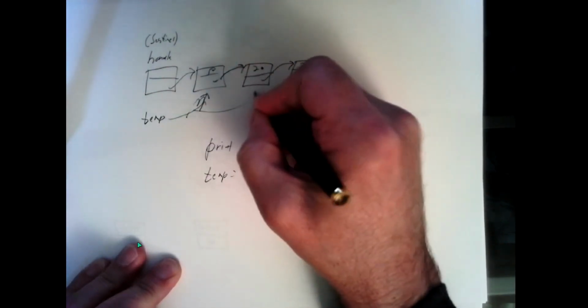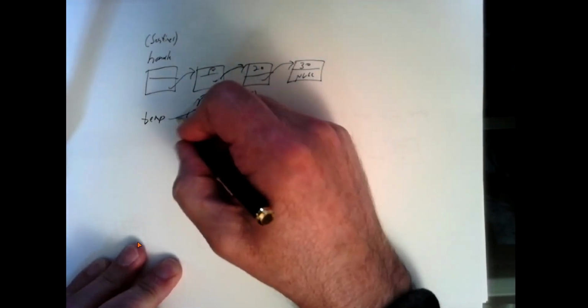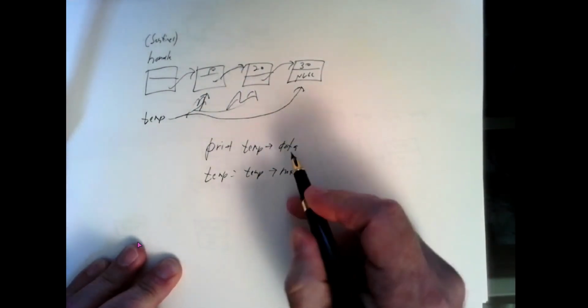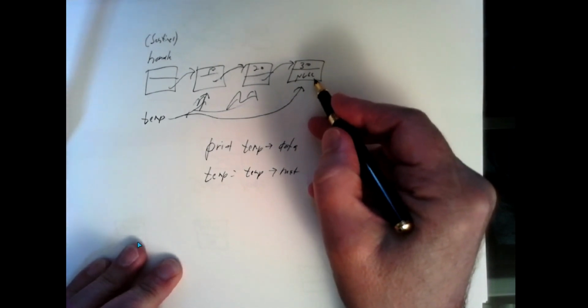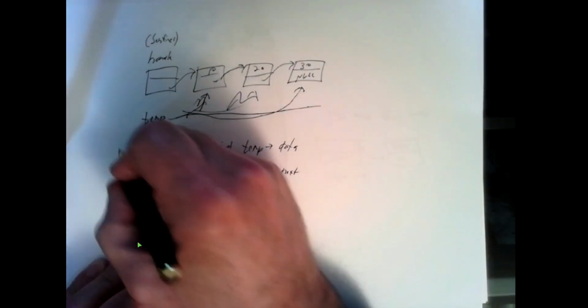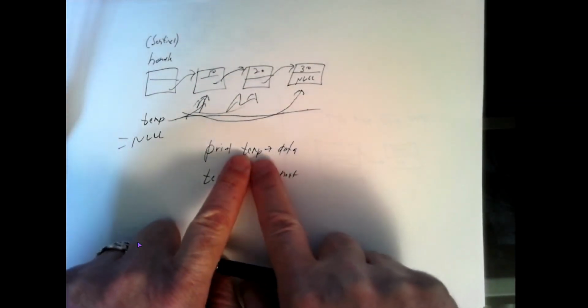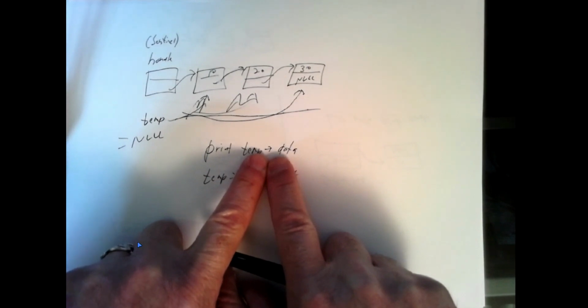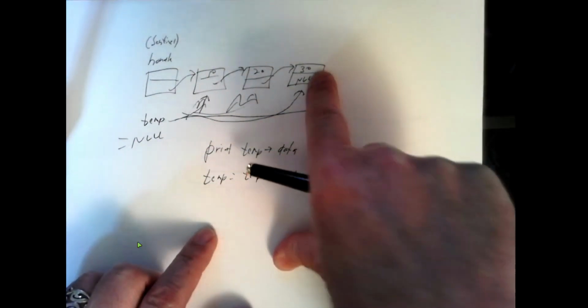So now temp will point here. I'll print out the 20. I'll set temp equal to temp arrow next. I'll print out the data as 30. I'll set temp equal to temp arrow next. Well, temp arrow next is null, so temp will now be equal to null. Now if I try to print temp arrow data, I'm going to try to follow my null pointer. I'm going to segfault. But I just printed out the 30. That's the last node in the list. I am done.